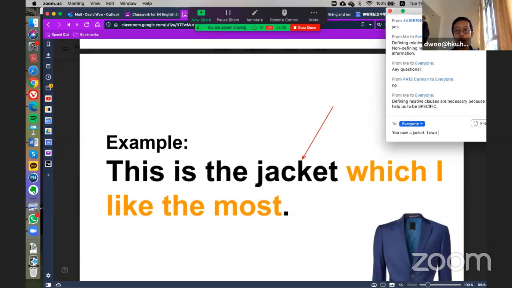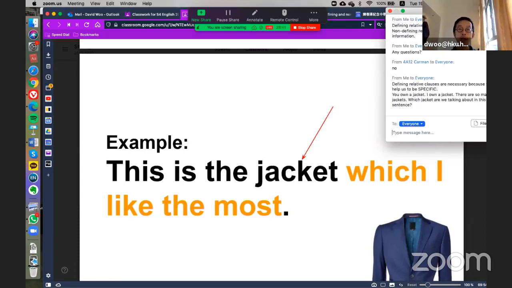I own a jacket. There are so many jackets. Which jacket are we talking about in this sentence? That's why we use a defining relative clause, because there are so many jackets. This jacket, that jacket, that jacket. We have no idea which jacket we're talking about, which is why we add the relative clause to be specific. Okay.